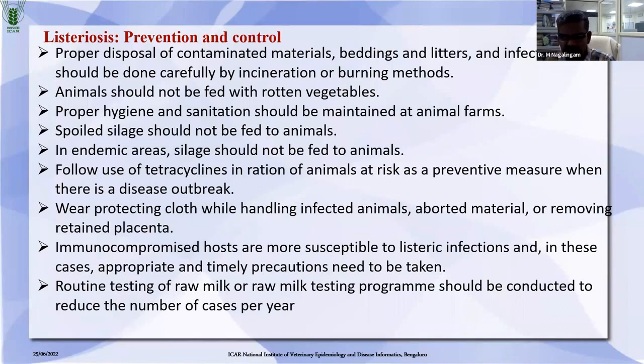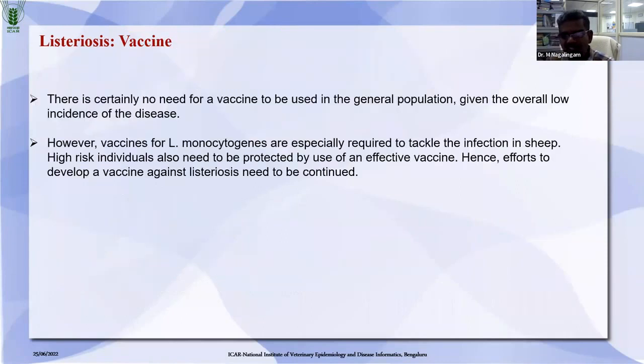Also, in case of cattle, routine testing of raw milk, and here also goat milk and other things, can be done. Vaccines, of course, are not needed, no reason for vaccination, but sometimes it might be needed for tackling the infection in sheep and goats if it occurs in epidemic form. But as of now, we don't have any standard vaccine for this. It is in the process of development.